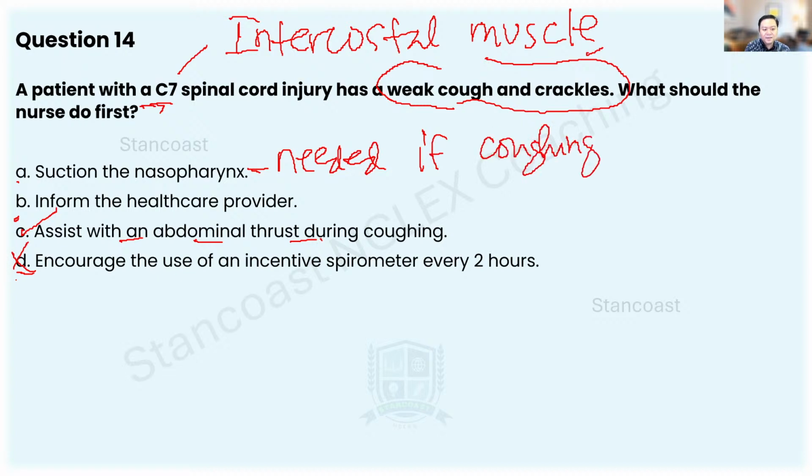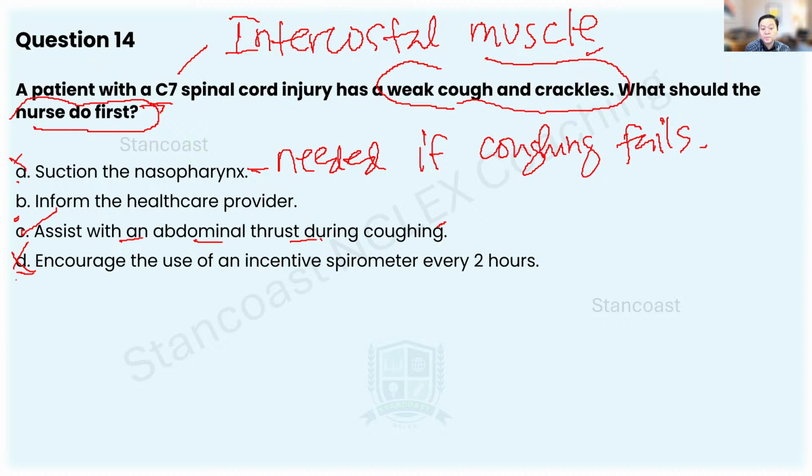I ask about what should be done first, which is basically assisting them to cough with that abdominal thrust. Okay, so this is wrong. This is not the initial action.